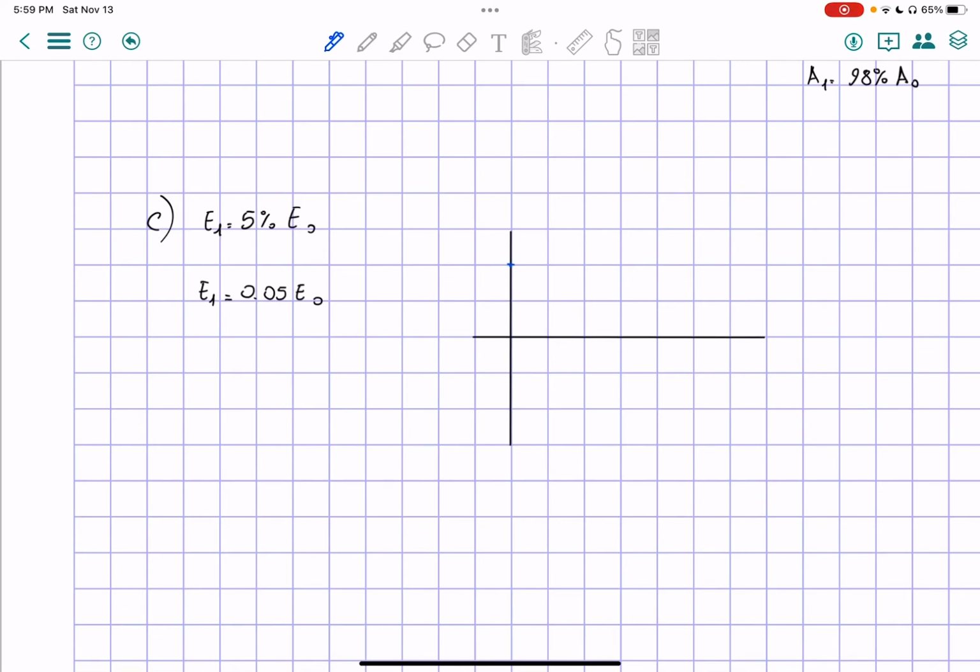So this one is going to be equal to A, and then it decreases slowly as it goes. Now this one is a little exaggerated, but you get the point. Now, as we found before, the amplitude here is going to be equal to 98% of the initial amplitude. But how do we find this? Well, this was simply going to be equal to, you realize by now, e to the power of negative beta t.